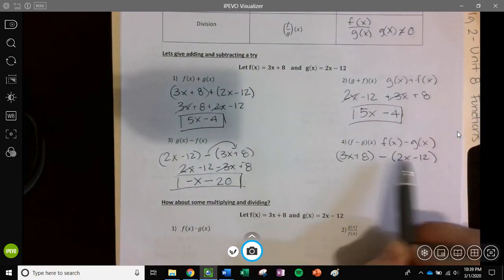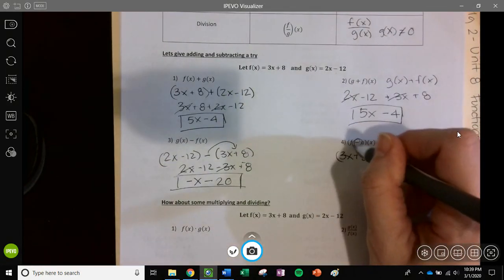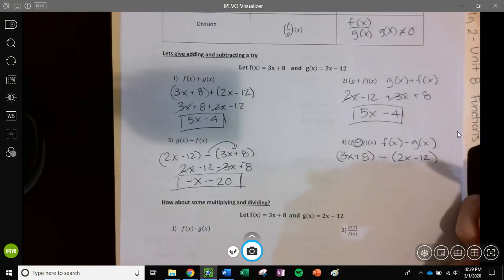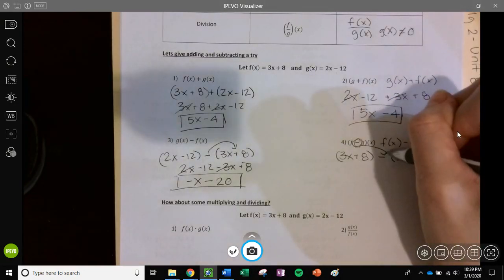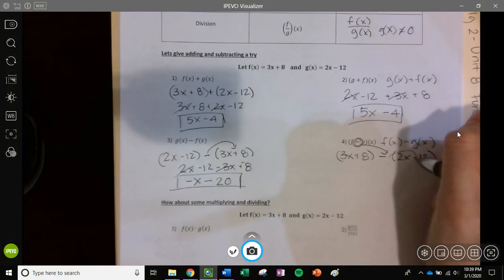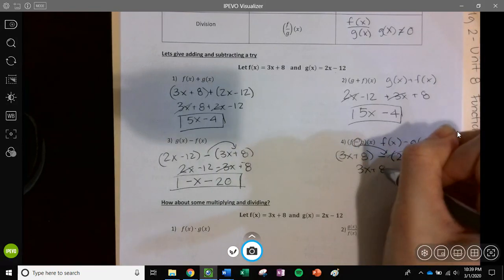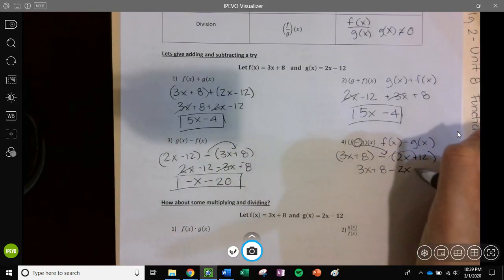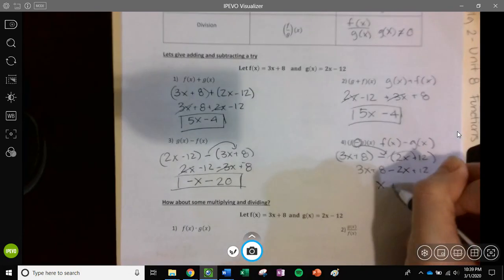Despite what the signs are in the given functions, we're making sure that we're utilizing the sign that's being given in the requested operation. This is the subtraction sign here, and we have to distribute that subtraction sign, so this will become a plus, and we'll have 3x + 8 - 2x + 12. That'll give me x + 20.